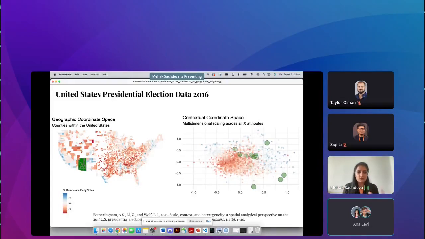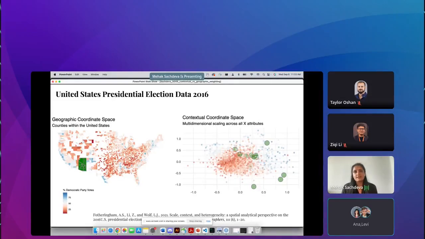One is using the geographic coordinate space, and the other is using the contextual coordinate space. In the left-hand side model, we are running it on the administrative units, based on how many counties are taken together to run that local model, on the premise that people closer together tend to behave similarly, and those processes tend to affect the phenomenon, which is the voting behavior in this case, similarly.